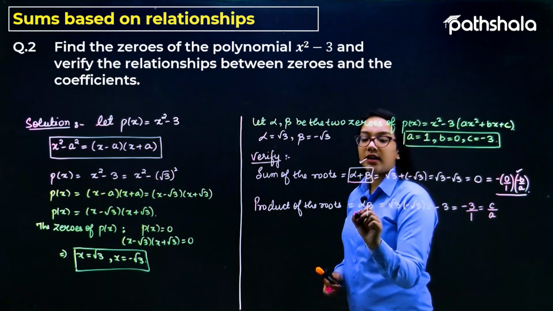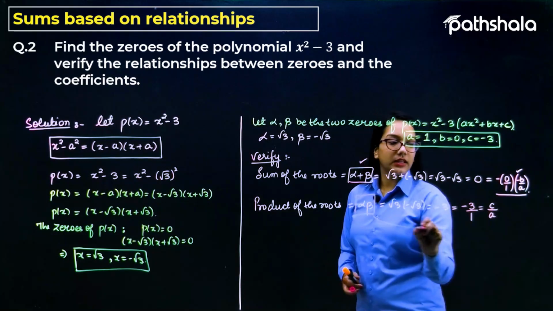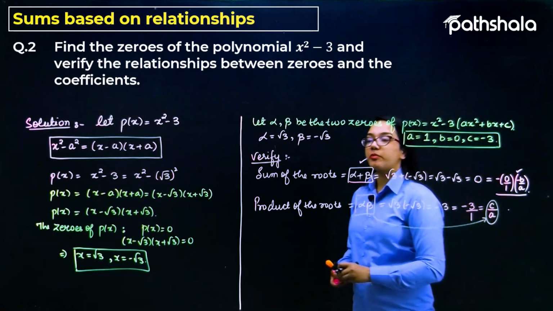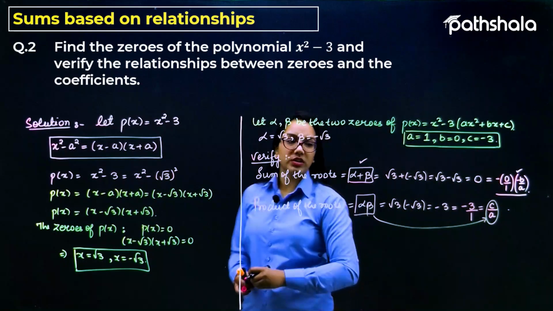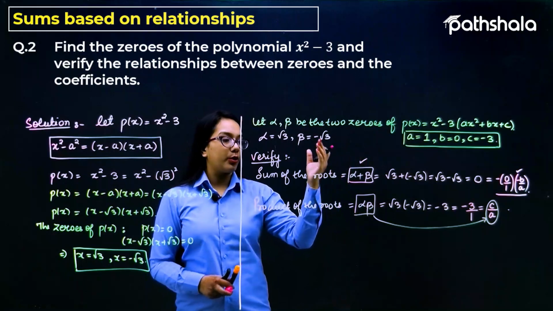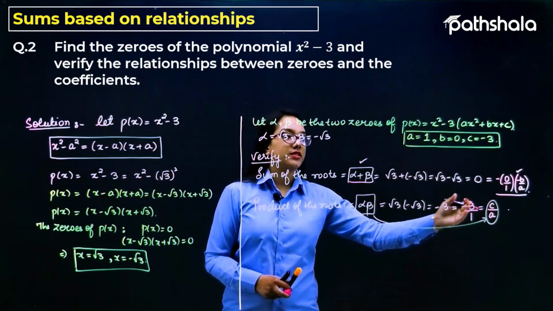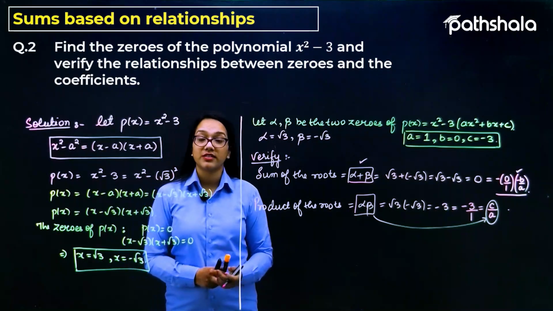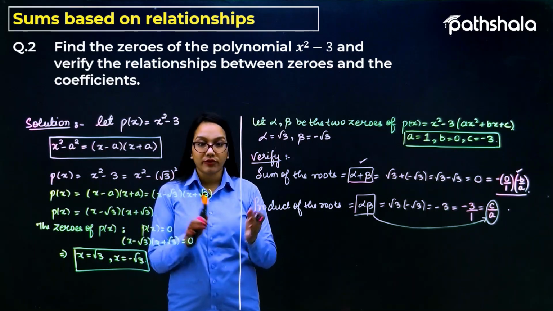So at the end, alpha beta is equal to c by a. Hence the relationship is verified: the sum of the roots is equal to minus b by a, and the product of the roots, alpha beta, is equal to c by a. So this is all about verifying the relationship between the zeros and the coefficients of this quadratic polynomial.